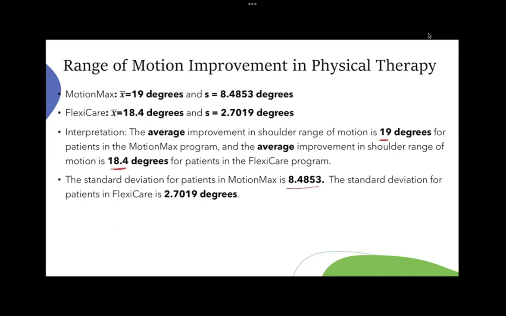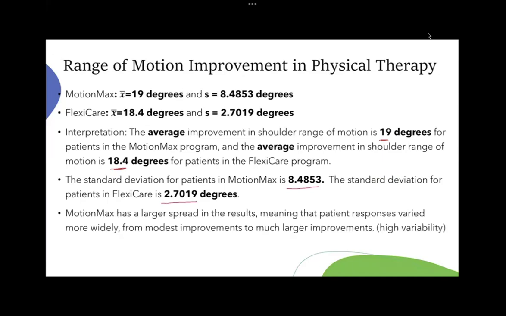Standard deviation for Flexicare, 2.7019. Okay. So the spread is measured by the standard deviation, and what we see is a larger spread in Motion Max because its standard deviation is bigger than Flexicare.